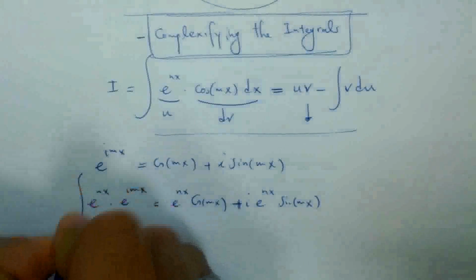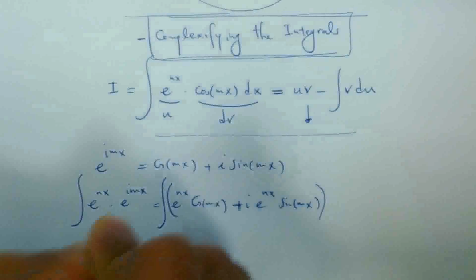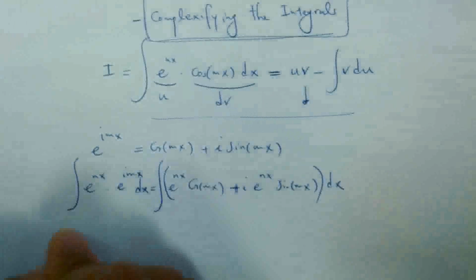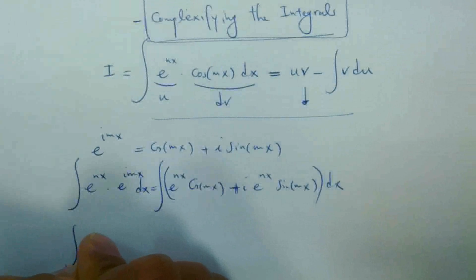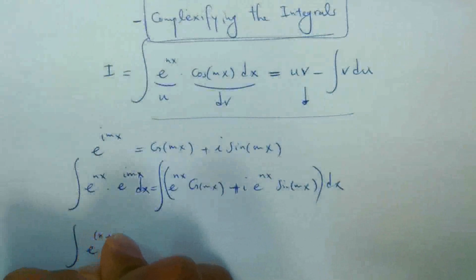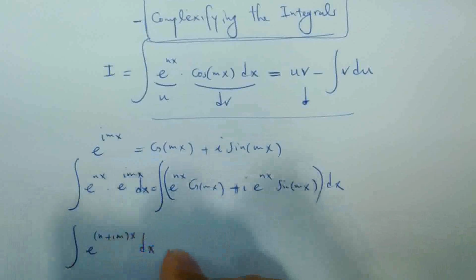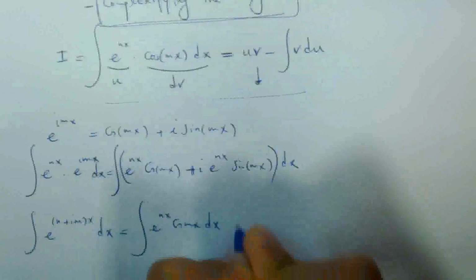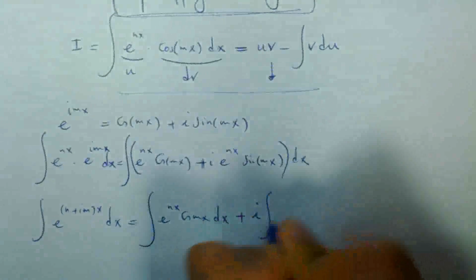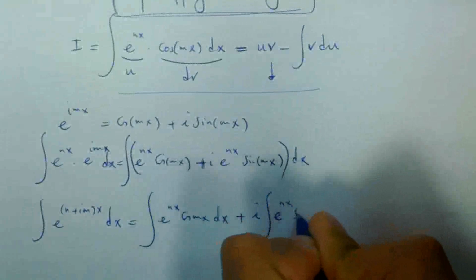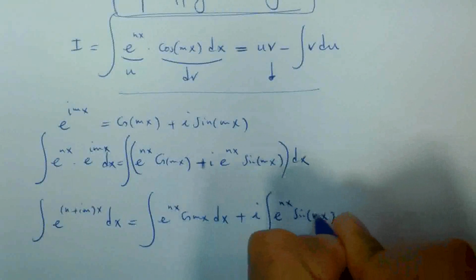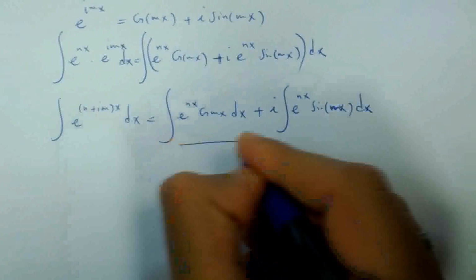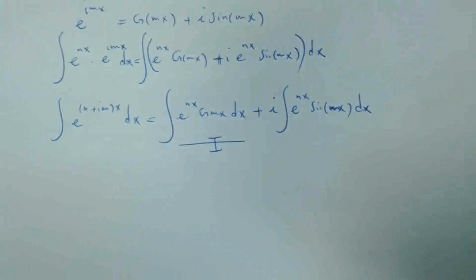And if I integrate both sides of this equation with respect to x, I see that the integral of e to (n plus im)x dx is equal to the integral of e to nx cosine mx dx plus i times the integral of e to nx sine mx dx. And this is the integral that we are searching for.